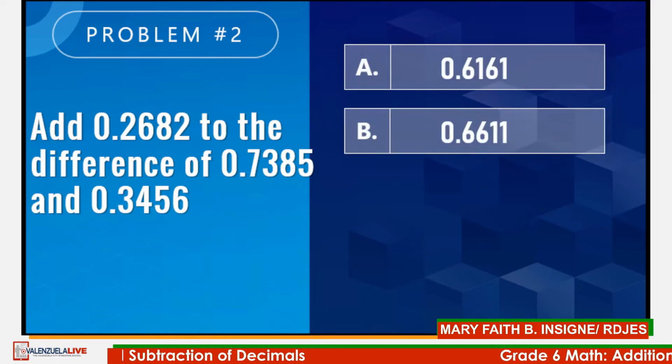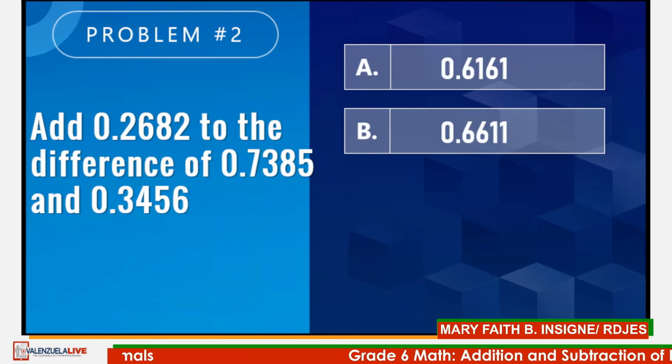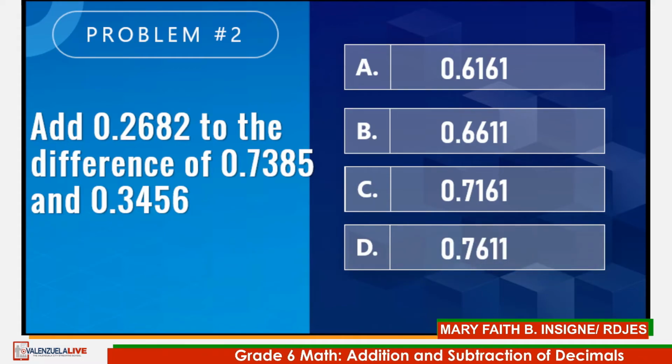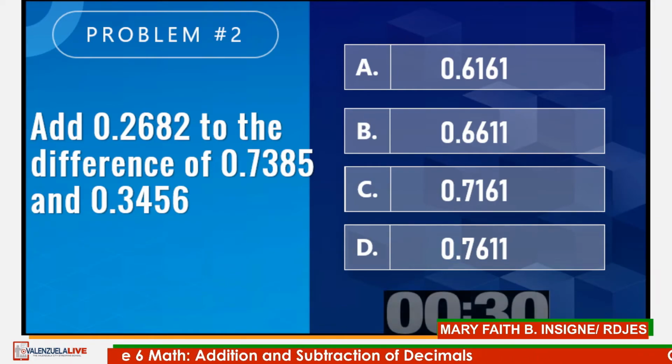The choices are letter A, 6,161 10,000s. Letter B, 6,611 10,000s. Letter C, 7,161 10,000s. And letter D, 7,611 10,000s. Your 30 seconds timer starts now.